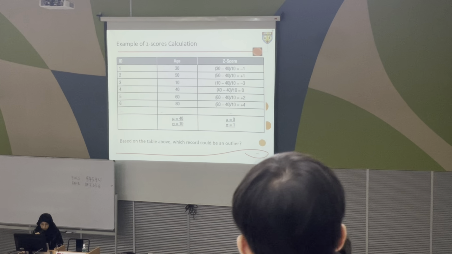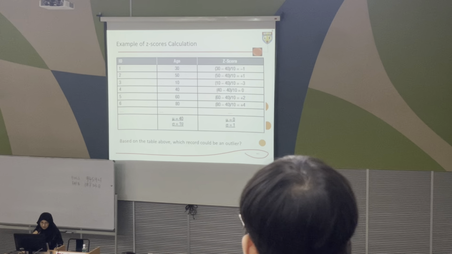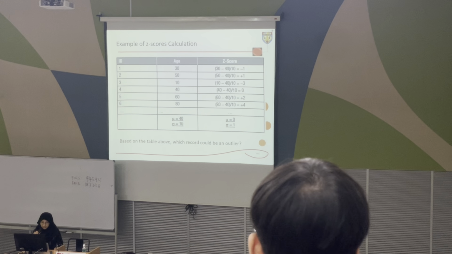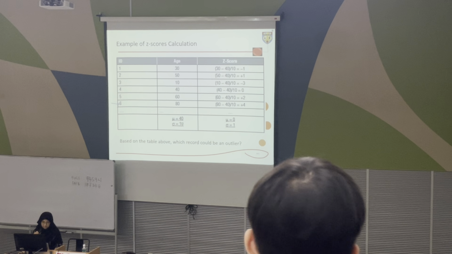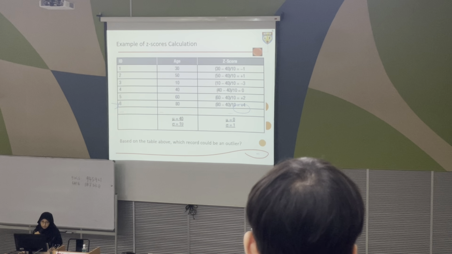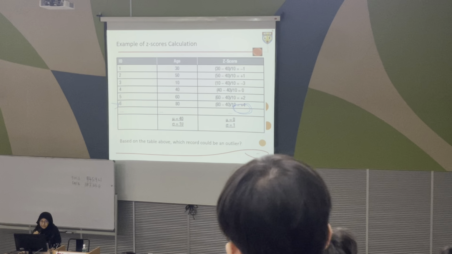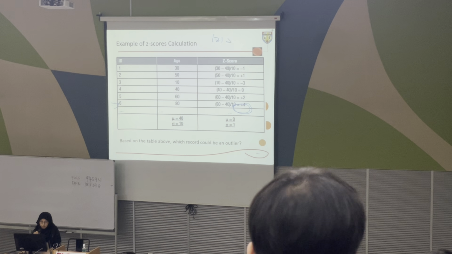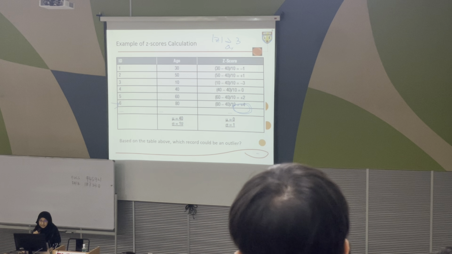Which one has outliers? Number 6, the z-score absolute value, so this one is an outlier. Common practice, a z-score value of more than 3 is considered an outlier.